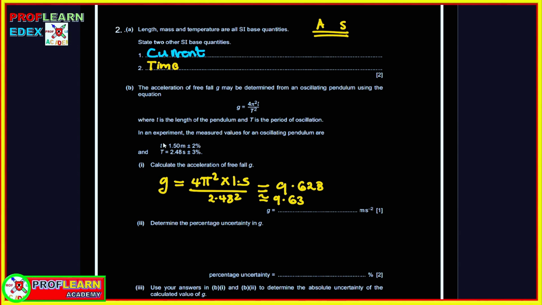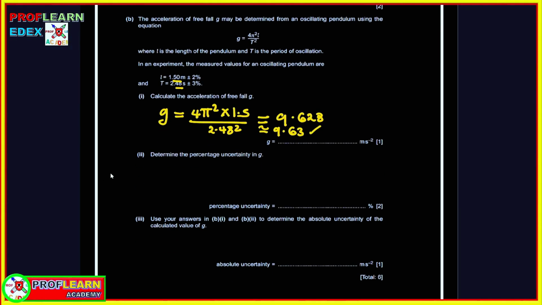For both division and multiplication, you add the percentage uncertainties. So in that case, I'll use U for uncertainty, percentage uncertainty of g is equal to the percentage uncertainty of L plus the percentage uncertainty of T.